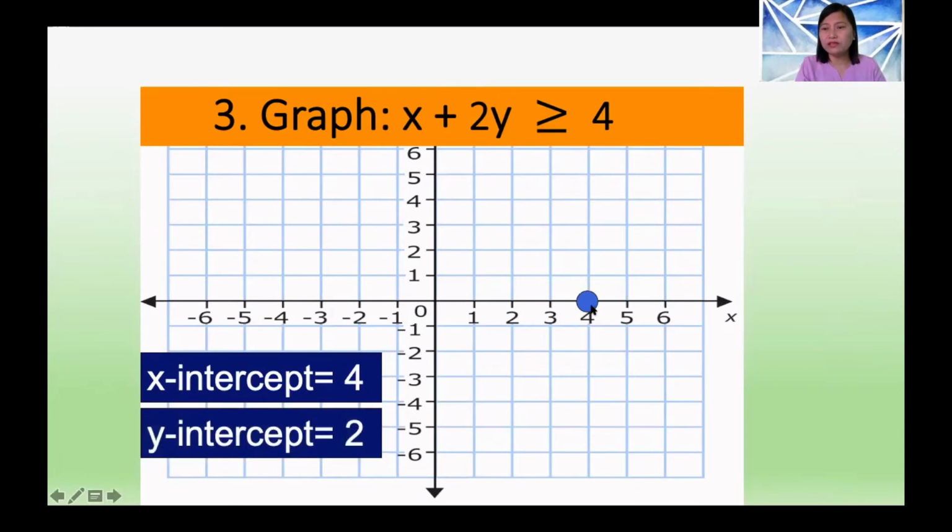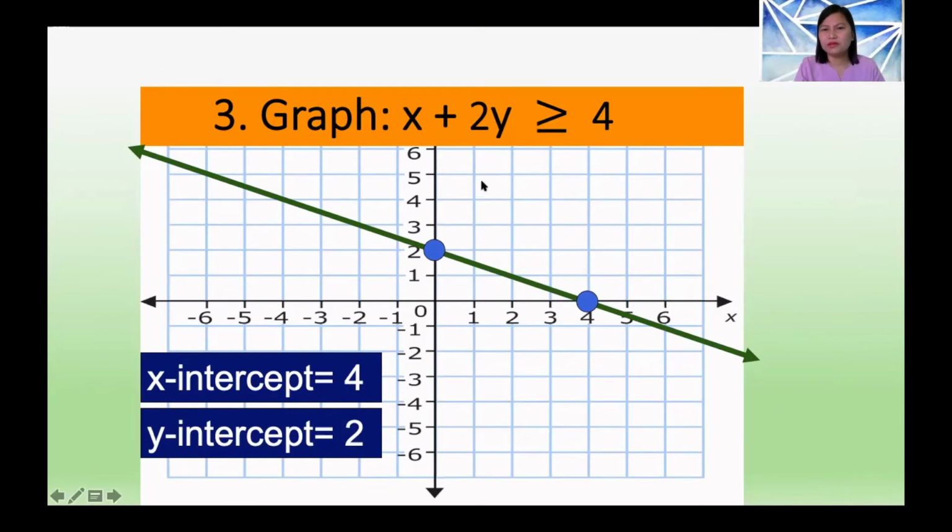Y-intercept is 2, so we have here the point 0, 2. We connect the 2 points using, correct, a solid line. The boundary line or the plane divider is part of the solution.